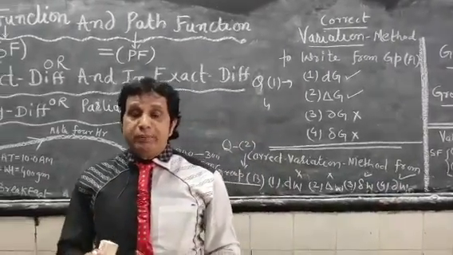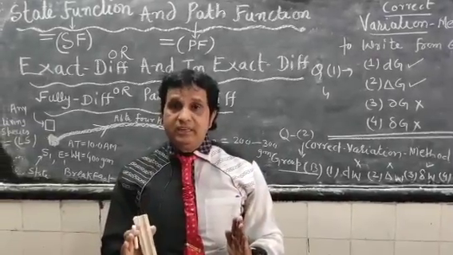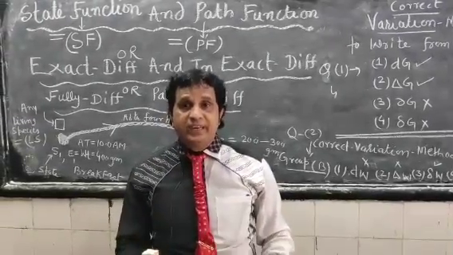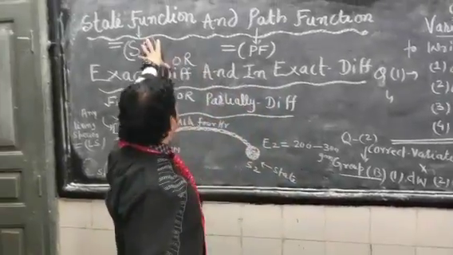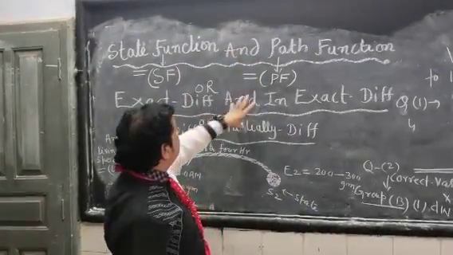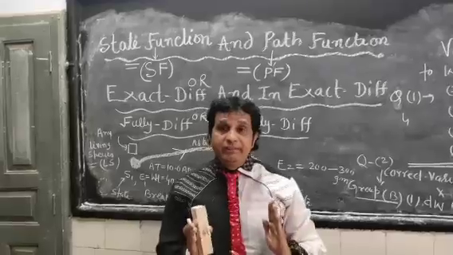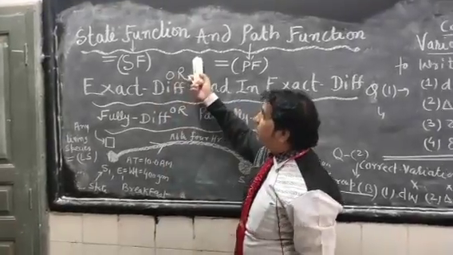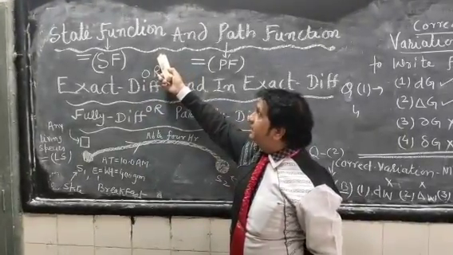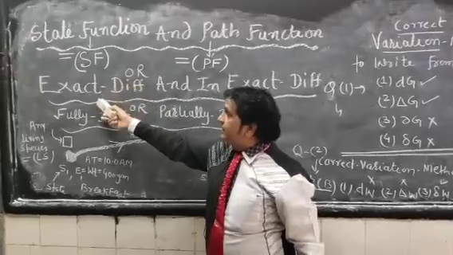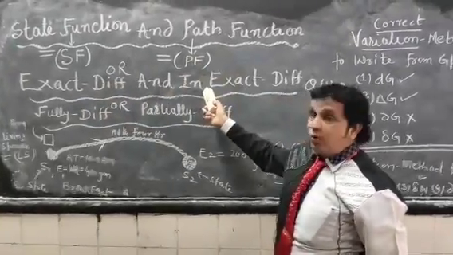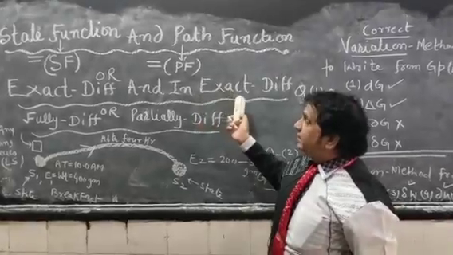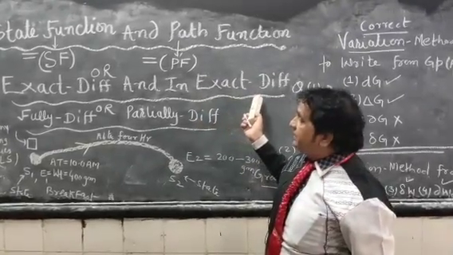In order to express this fundamental difference, the concepts of state function and path function have been invented in thermodynamic chemistry. State functions are also known as exact differentials. Path functions are also known as inexact differentials.